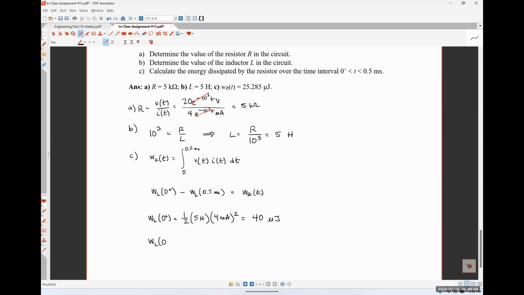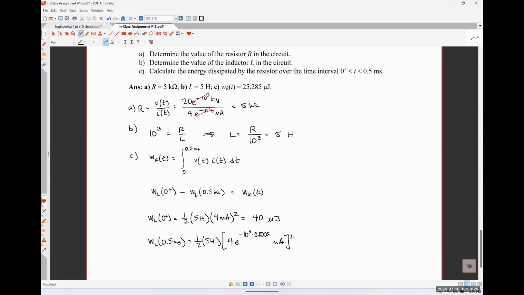W_L at 0.5 milliseconds is going to be 1/2 times 5 henries times (4e to the negative 10 to the 3 times 0.0005) milliamps squared.